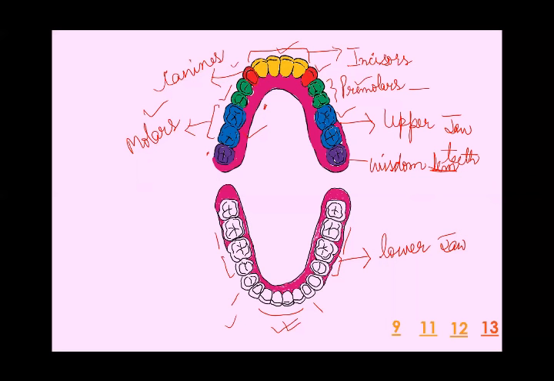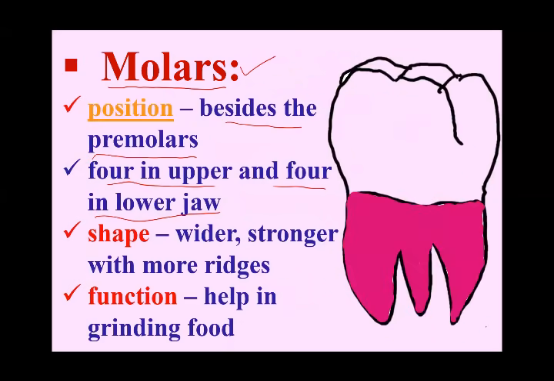And you can also observe that in comparison to other teeth, the incisors, canines, premolars, and wisdom teeth, the molars are quite broad and flat. So we'll go back to our slide where we will study the shape of the molars.